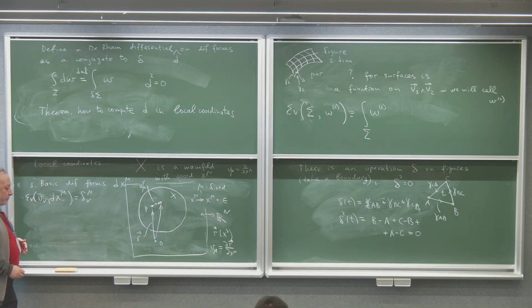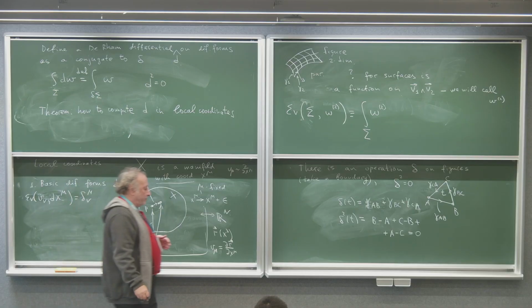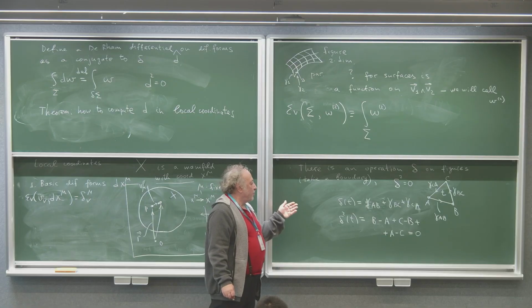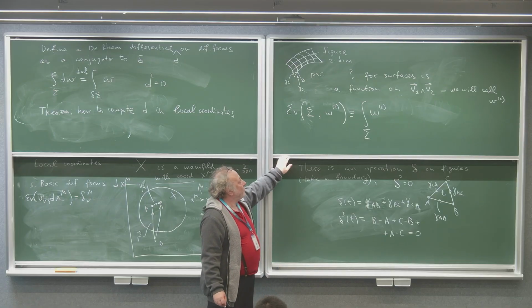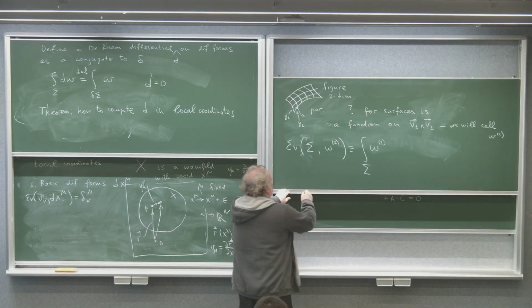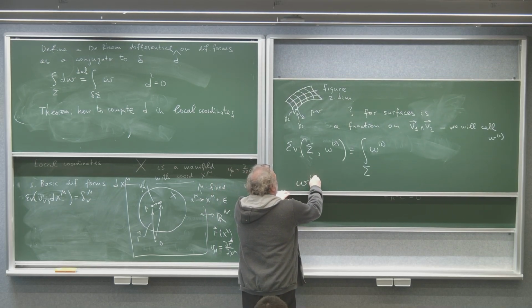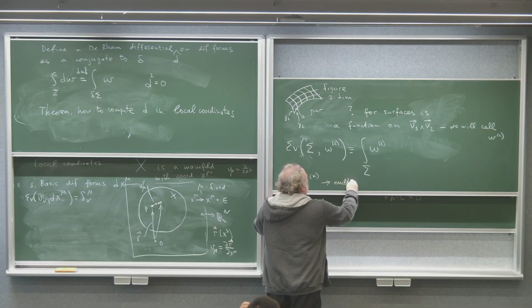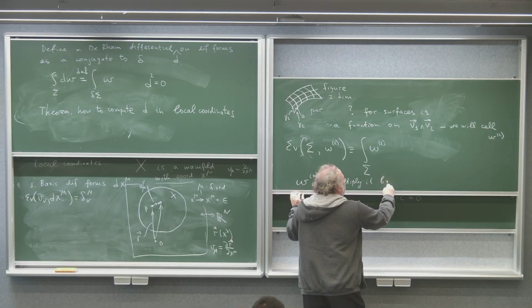Now, what do we know? We know that if we have a differential form, we can multiply it by function f.